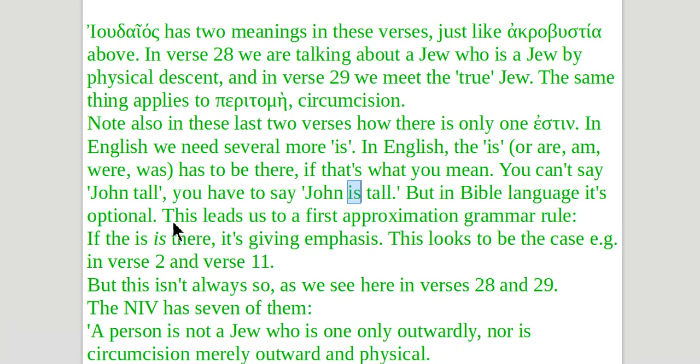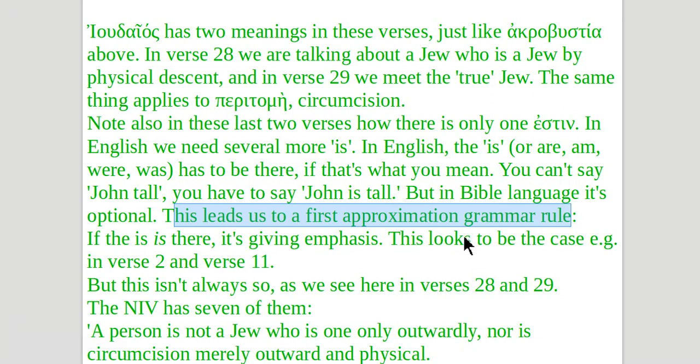Anyway, this leads us to a first approximation grammar rule. Those of you who have seen my other videos will have heard how I use the word first approximation translation of Greek and Hebrew words. And I say that that's the first approximation, but in any given context you might need to think about other possible meanings.